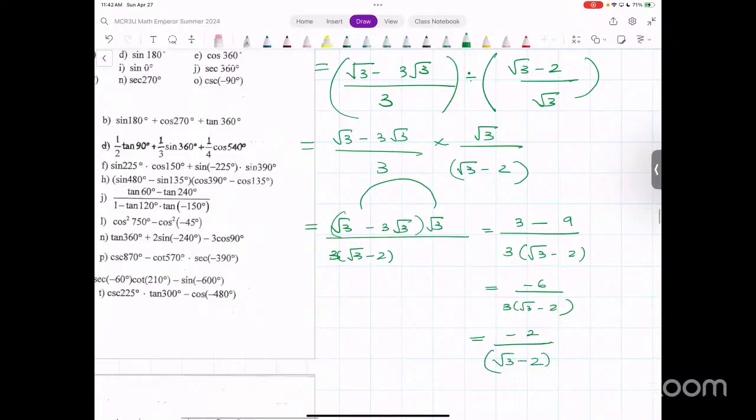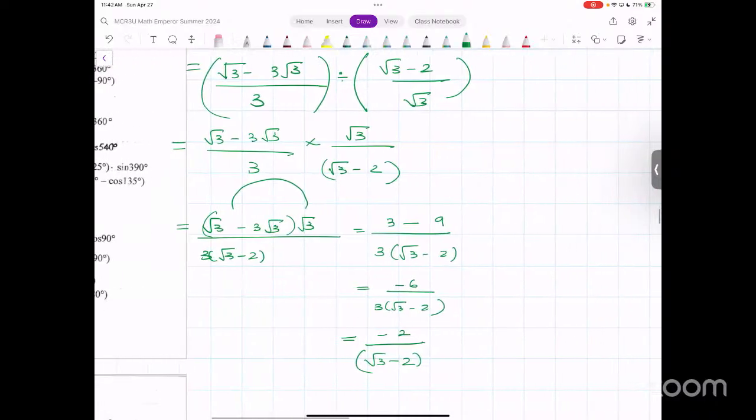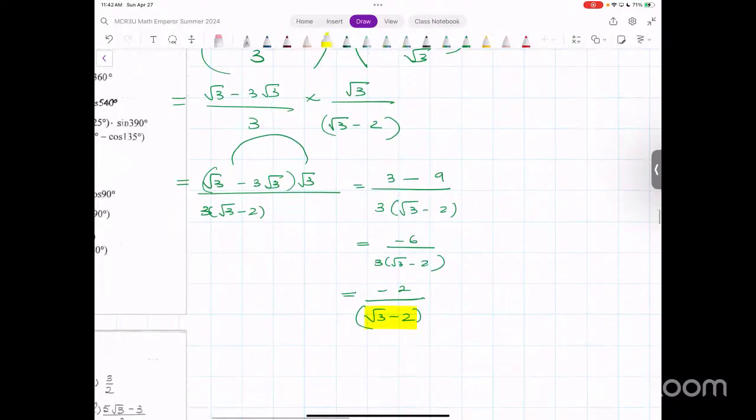Now, the sad news is your answer is not going to be in that form if you check the answer. Why is the answer not going to be in that form? On your denominator, you have a square root, isn't it? So technically speaking, we don't really want to leave the answer with a square root in the denominator. So we did talk about what we're going to do.